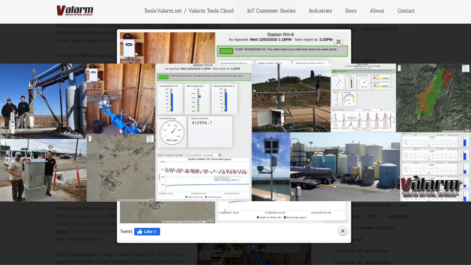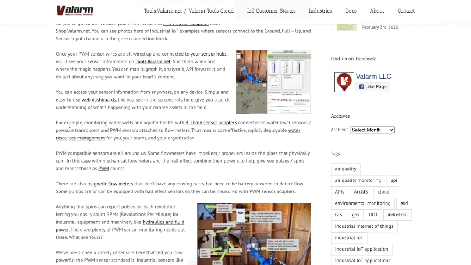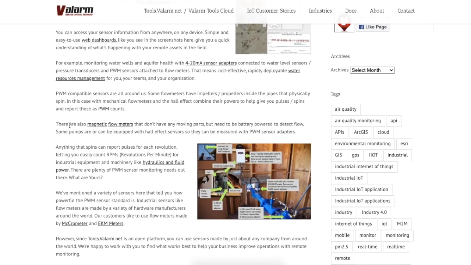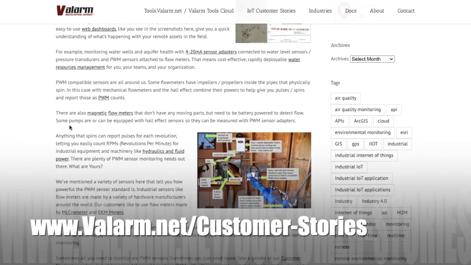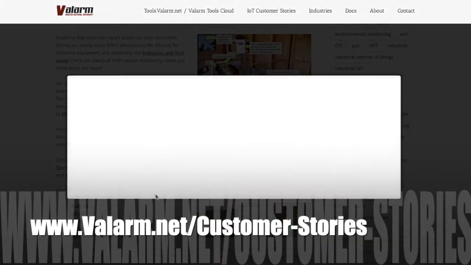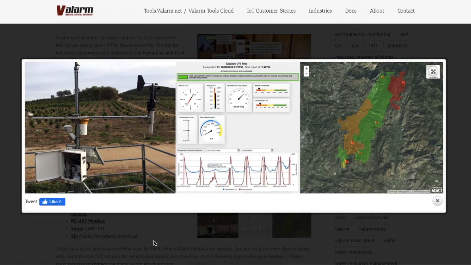Sometimes all you need to monitor are PWM sensors. Sometimes you just need more. But take a gander at our industrial IoT customer success stories to see how industries around the world combine PWM and other sensors to remotely monitor water, air, vehicles, and a heck of a whole lot more.